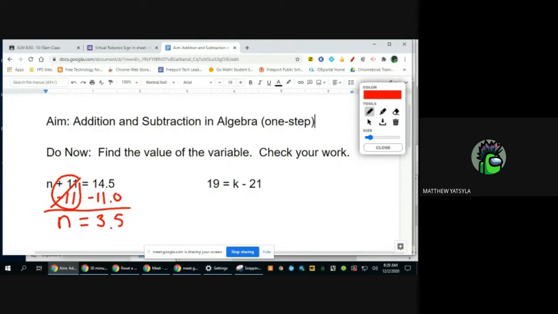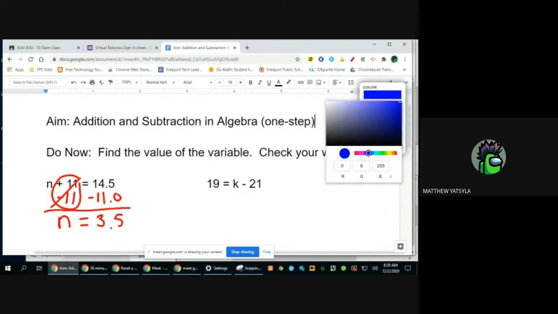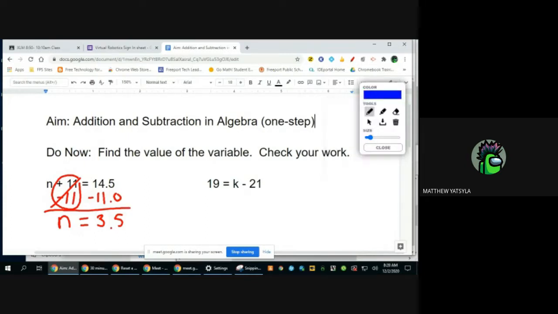Now you're thinking, yay, I have the answer, I'm finished. You're actually not finished yet. You have to do a check. Now for the check. We're going to write check n equals 3.5. All right, so n plus 11 equals 14.5.